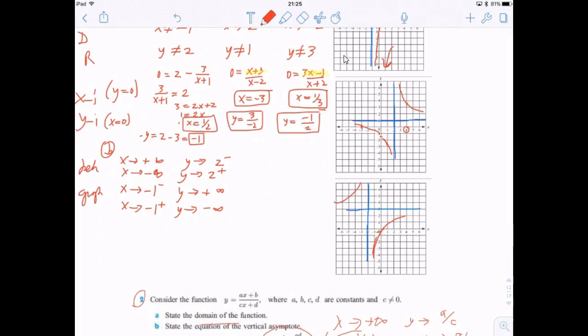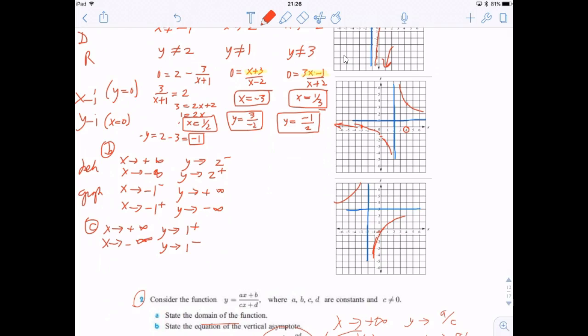So for example, for C, I can see that if x approaches positive infinity, y is approaching 1 from the top. As x approaches negative infinity, y approaches 1 from the bottom, right?